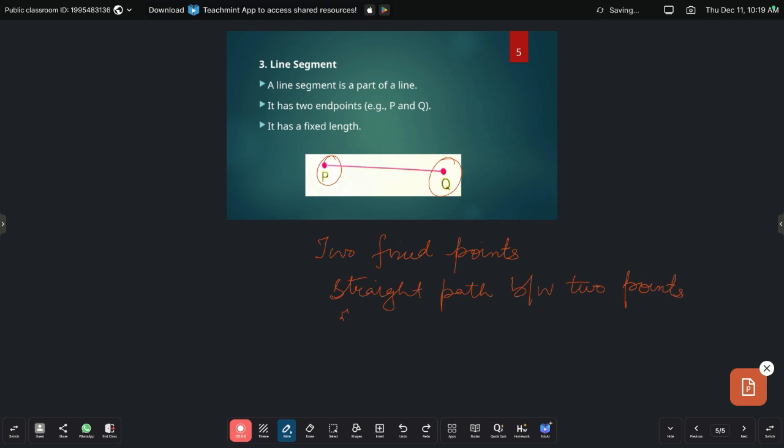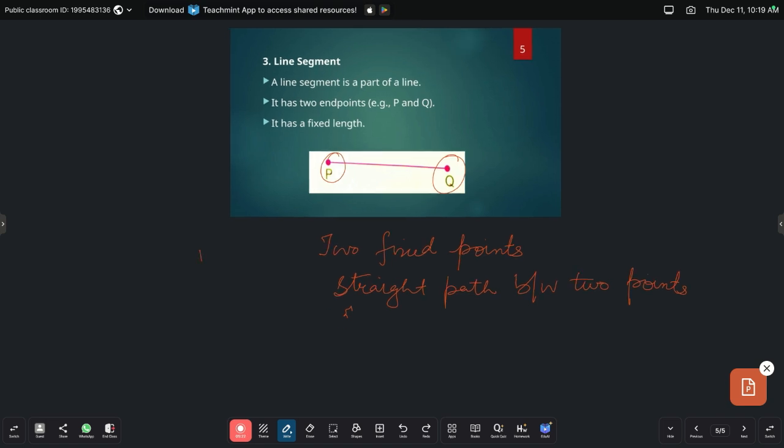Got it? As you can see from the figure, this line segment has both the starting point as well as the end point. Observe the figure carefully and see there is no arrowhead.